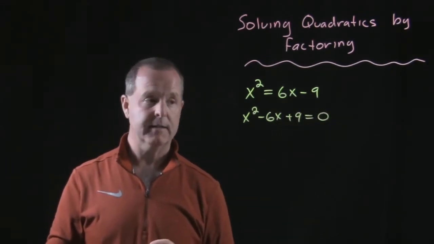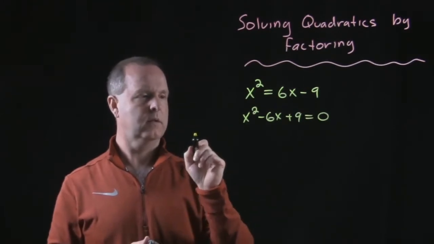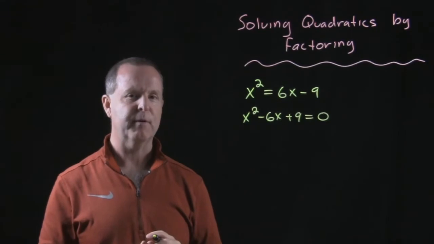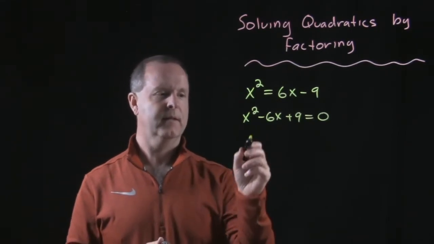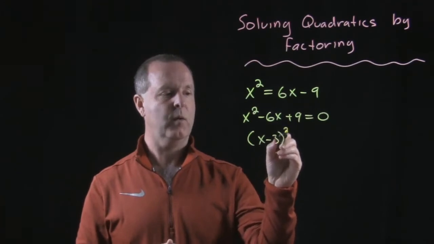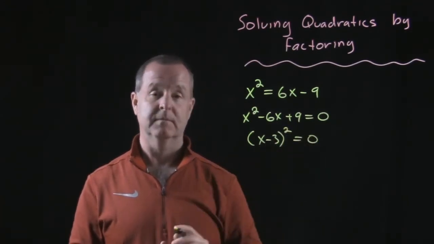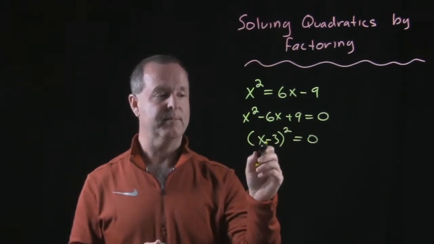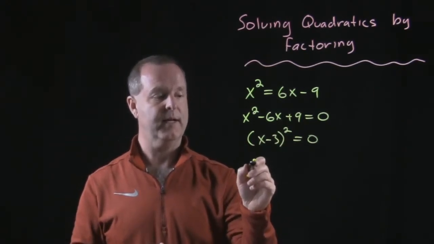Let's factor that. Oh, do you guys see what I see? That looks like a perfect square trinomial. So this factors down to x minus 3 squared. Kind of cool. From here, I really have x minus 3 times x minus 3.